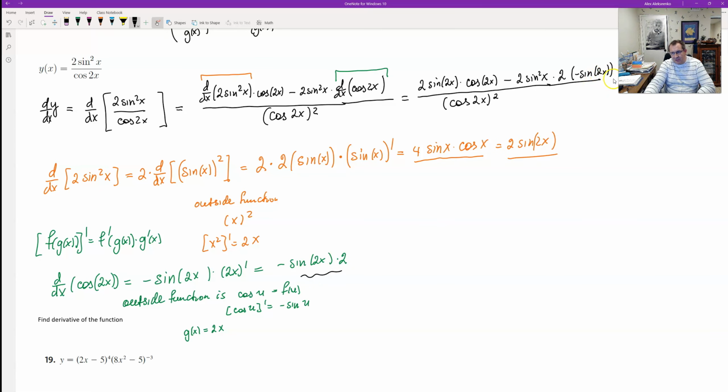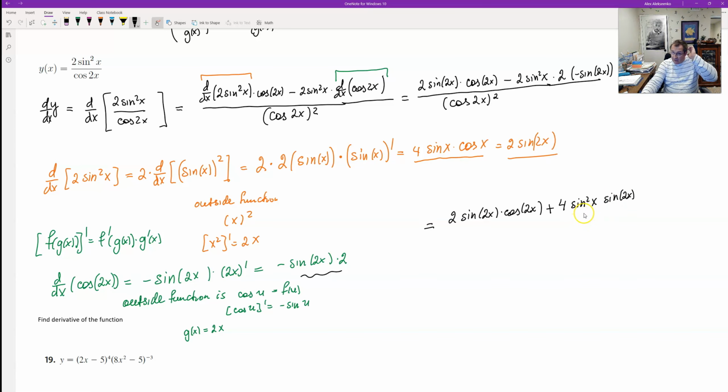So let's continue this expression. It can be simplified just a little bit. The factors of 2 can be combined into 4. Then we'll have sine squared x. And the minus will be combined with this first minus, and it'll become a plus times sine 2x.